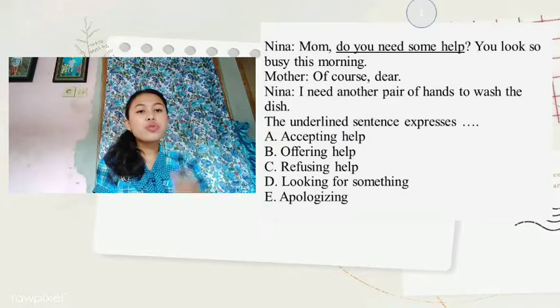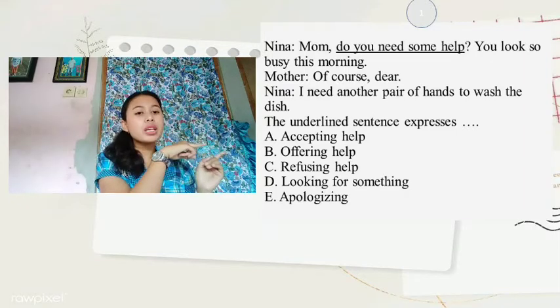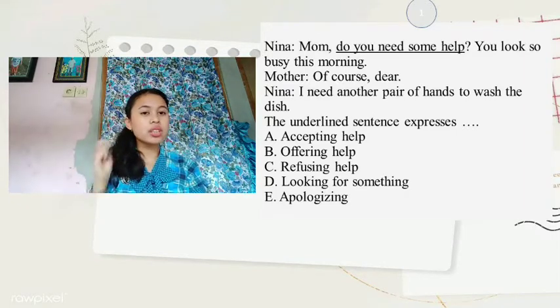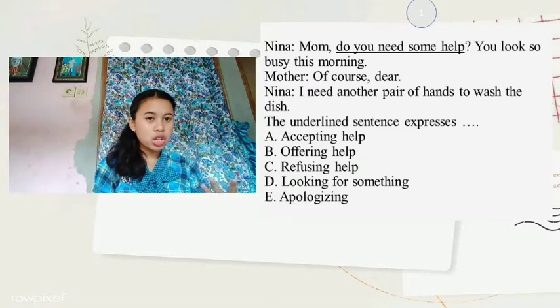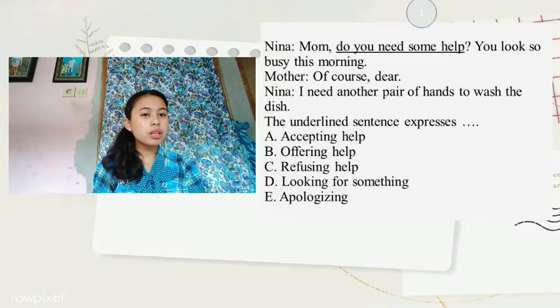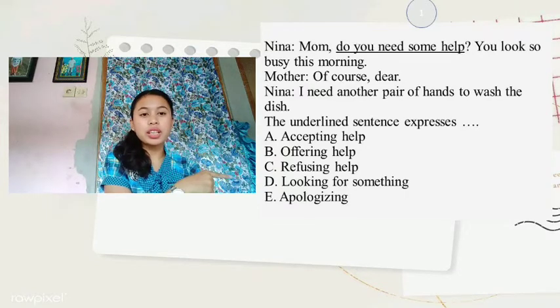For the first example of a question, as you can see here, I give you a conversation text, and then you have to identify the expression of asking and offering help based on the direction I put in the question.